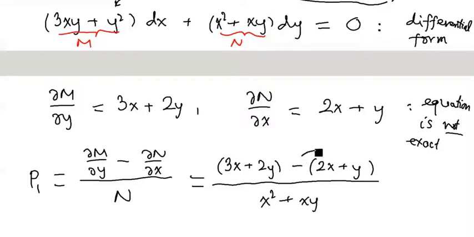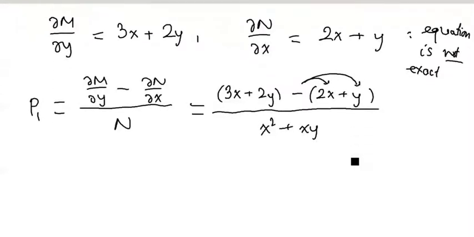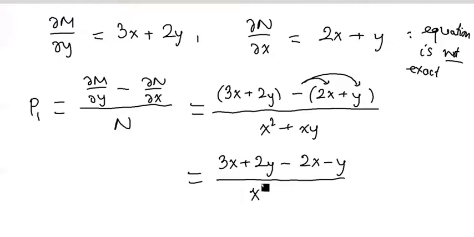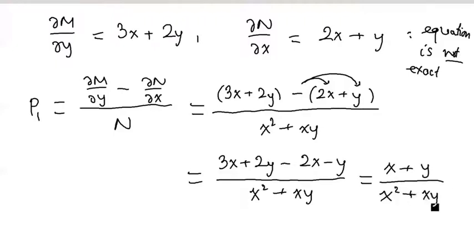Don't forget to distribute. Simplify the numerator first: 3x plus 2y minus 2x minus y, all divided by x squared plus xy. And so we have x plus y divided by x squared plus xy.